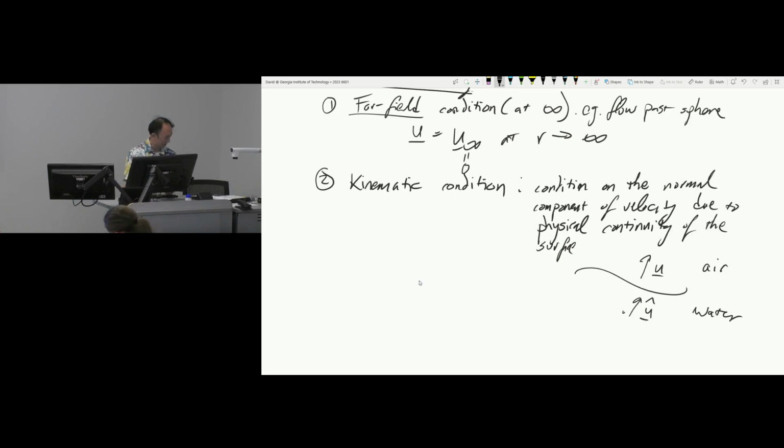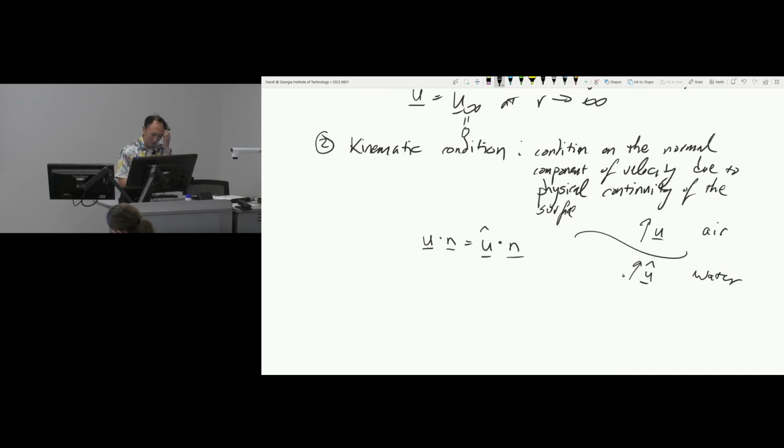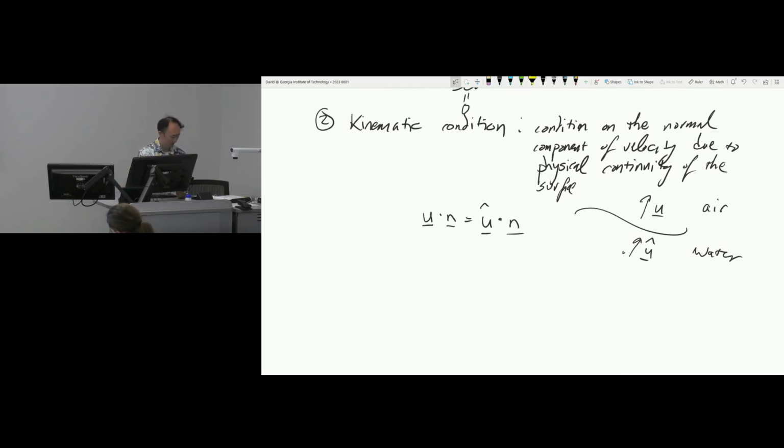The kinematic condition says that u dot n, so the normal component of the velocity in the water phase, is equal to the normal component of the velocity in the air phase. So people that have formulated these have separated the conditions of the normal and tangential velocities. The tangential velocity is actually called the dynamic condition.